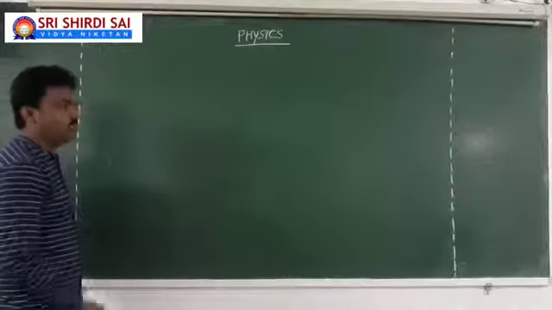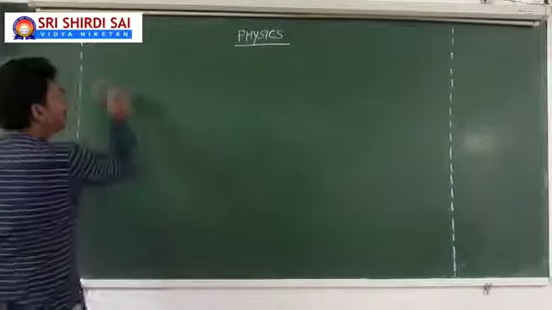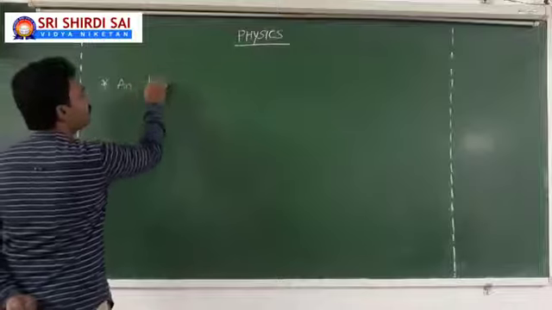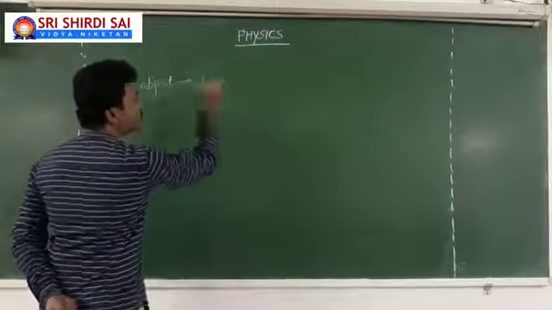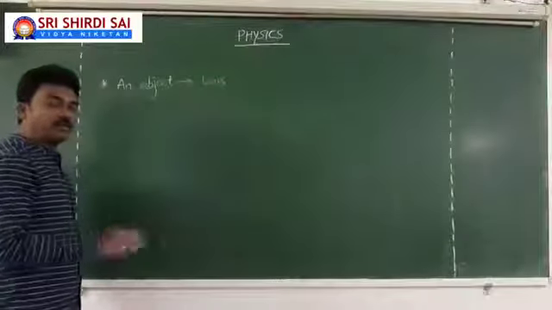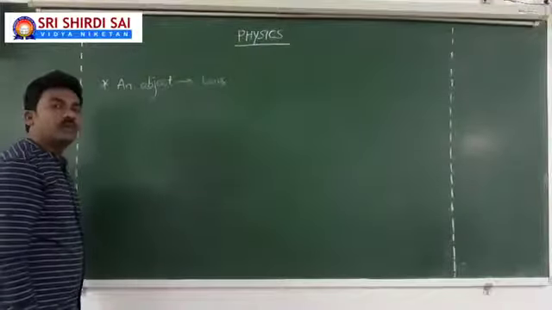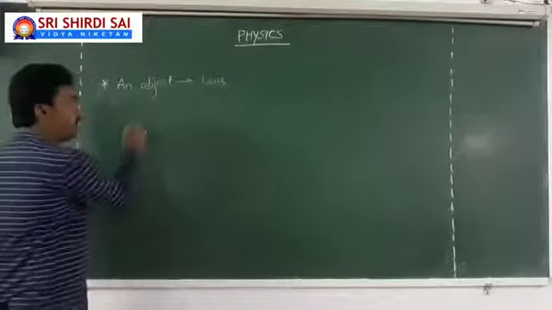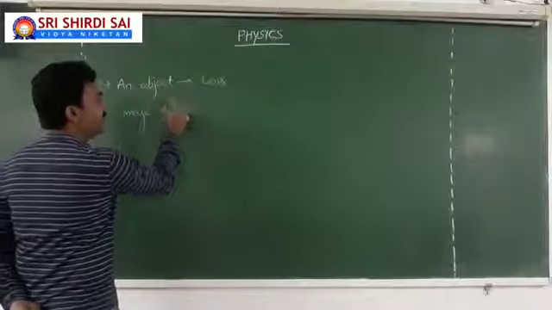Now we are going to discuss another example. An object is placed in front of a lens. I am saying just lens. An object is placed in front of a lens. The observer has seen the image in the lens, which is magnified 3 times.